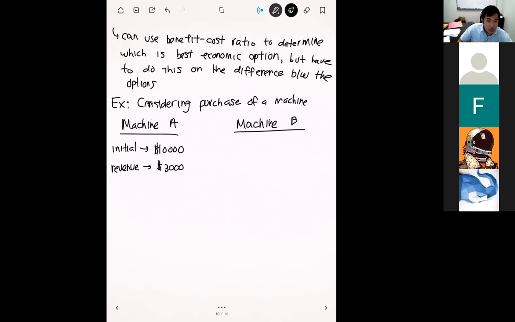Machine B has an initial cost of $13,500. The revenue from machine B is also going to be $3,000, but machine B also has a gradient, so the revenue is going to increase per year by an amount of $500.